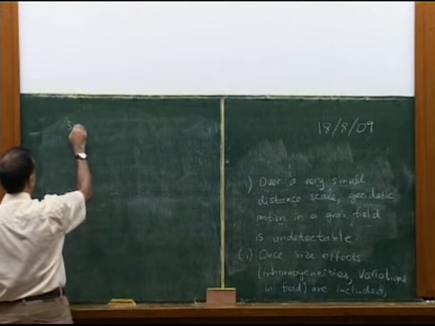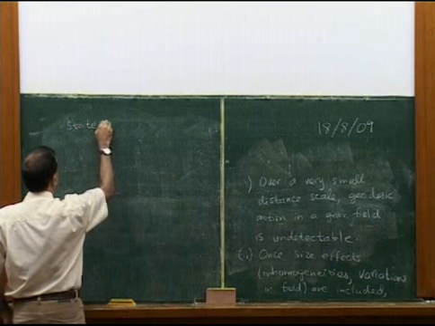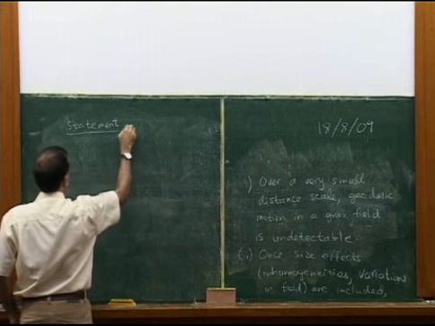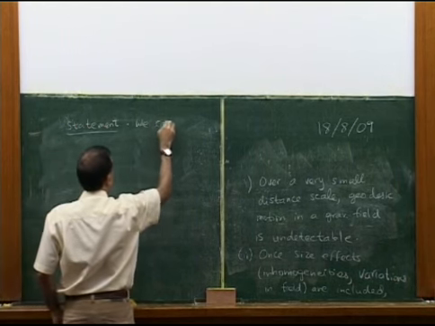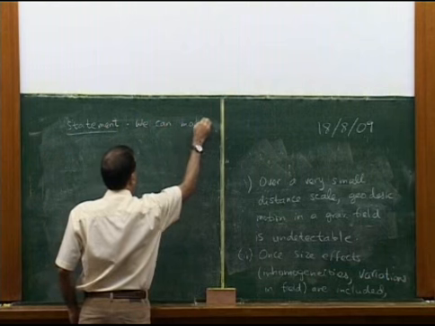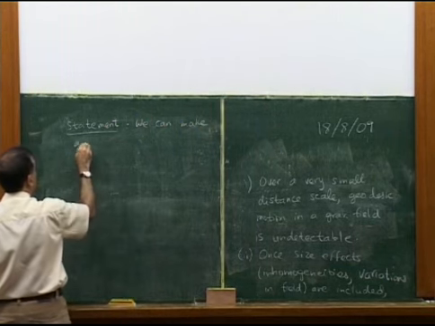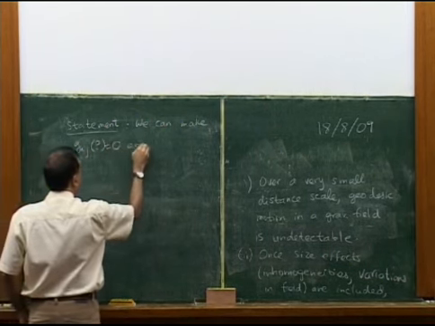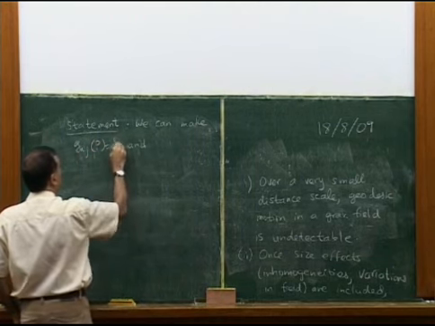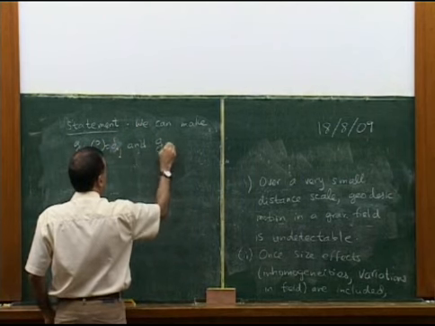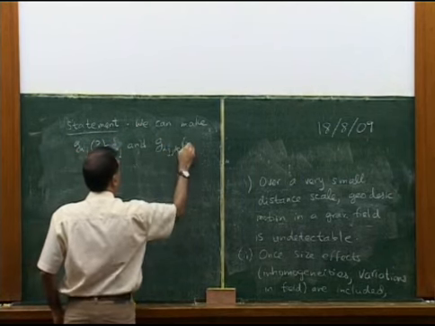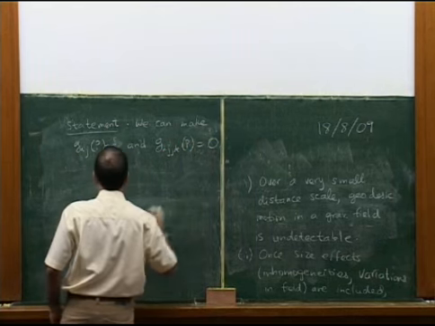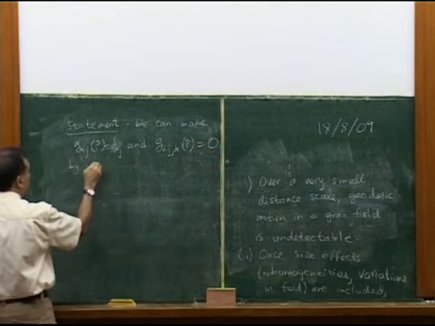So the statement is, we can make Gij at P equal to delta ij and Gij,k at P equal to 0 by a choice of coordinates.